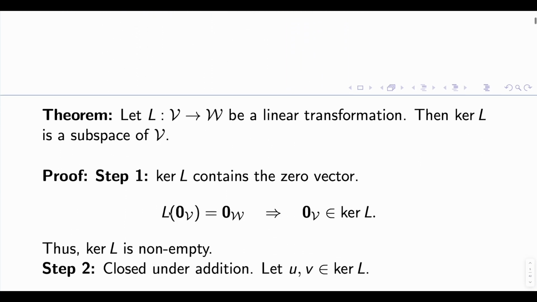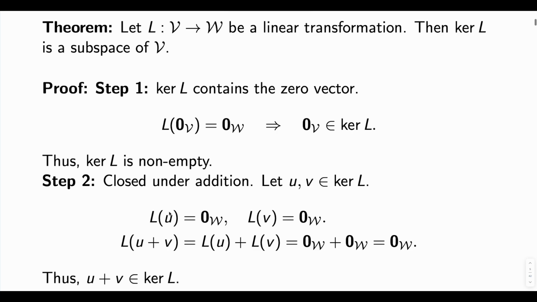Now the result: let L be a linear transformation from V to W, then kernel L is a subspace of V, right? So how do we prove it? First step: we show the kernel contains the zero vector.